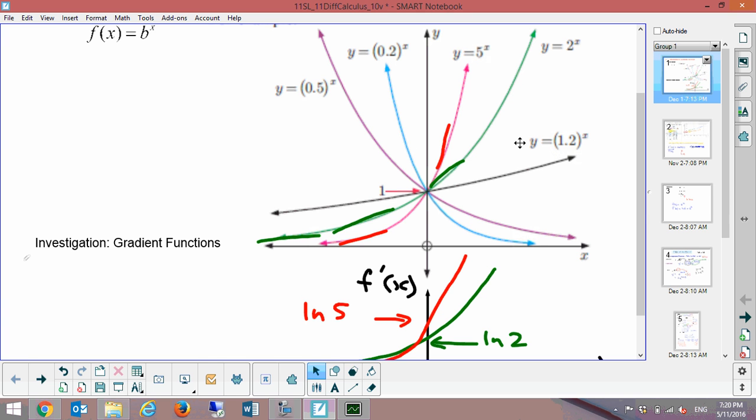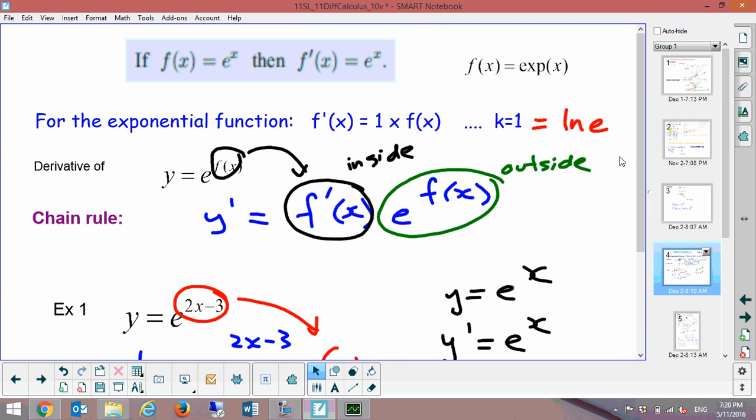If we had a plot of this one, then the y-intercept would have been the natural log of 1.2. So it's basically the same idea: if we differentiate e to the x, it's like having 1, which is ln of e, as that coefficient.